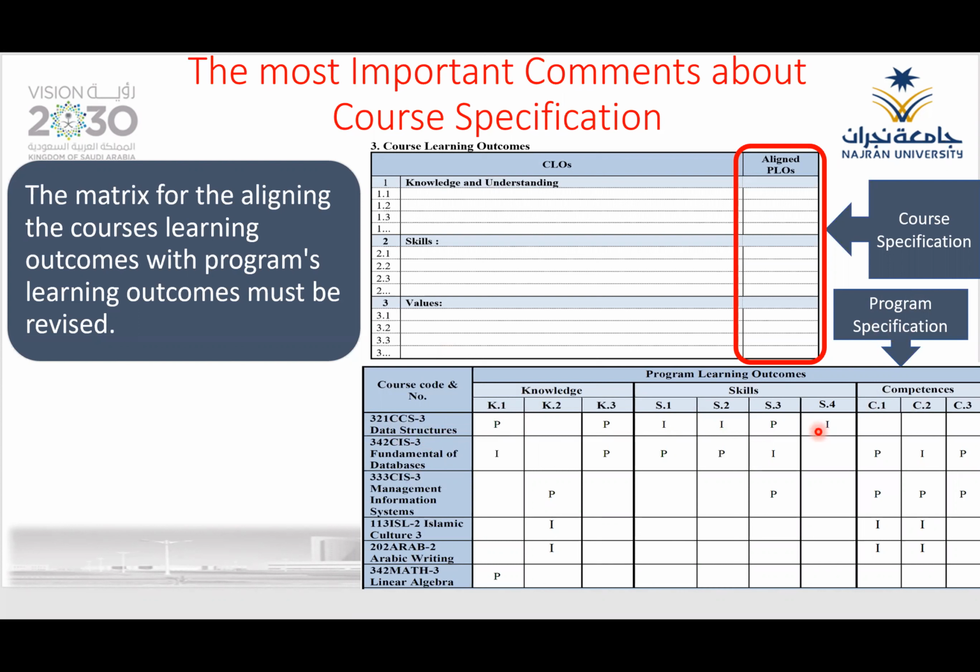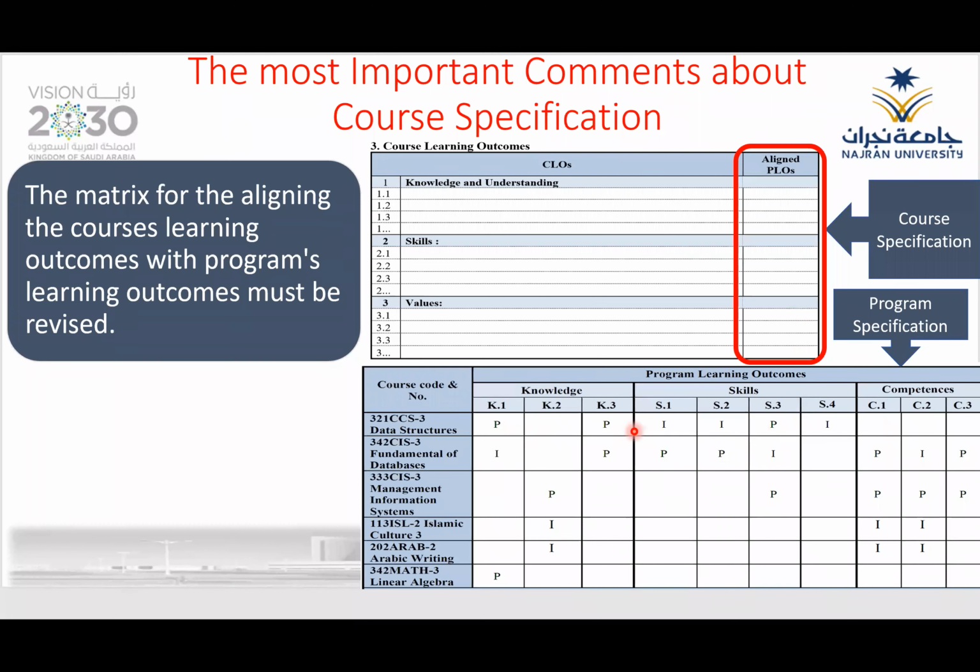It means that when I'm writing here, the alignment should be to the same PLOs written in the program specification matrix. I cannot align any CLO to K2. I cannot align any CLO to C1, C2, C3. Why? Because of this alignment.